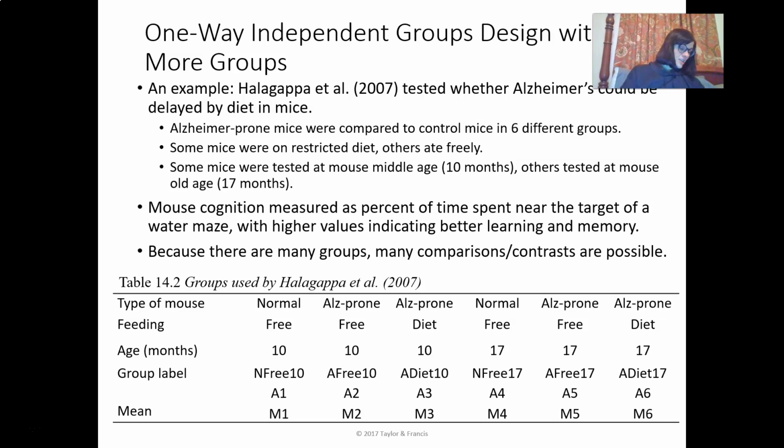One of the things that your book notes, that we'll talk about a little bit later, is that when you have 6 means, there are up to 286 different contrasts that you can do. Because we have a lot of groups, there are a lot of different ways that we could break this down and compare them.